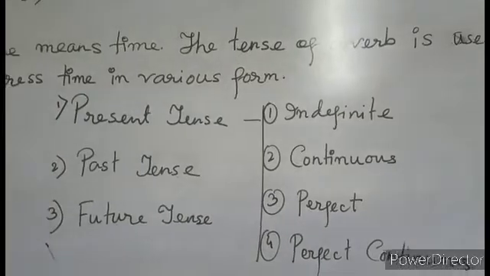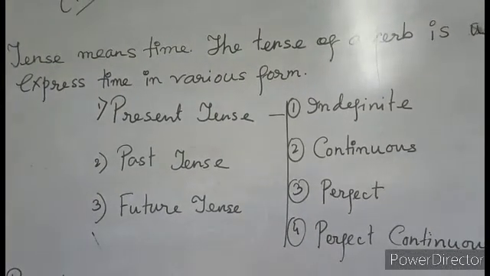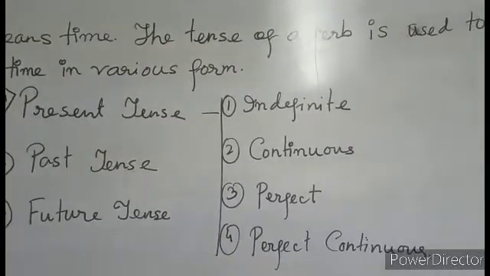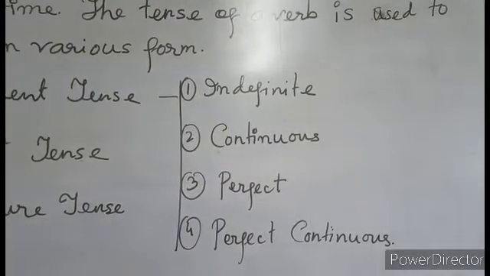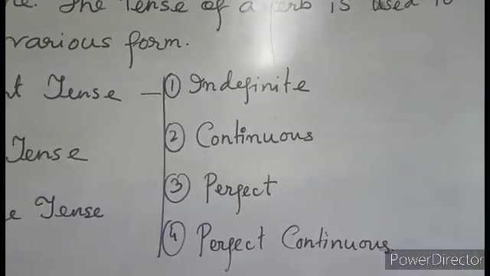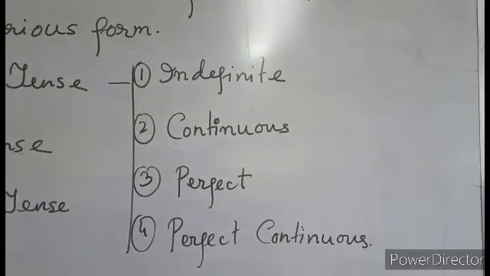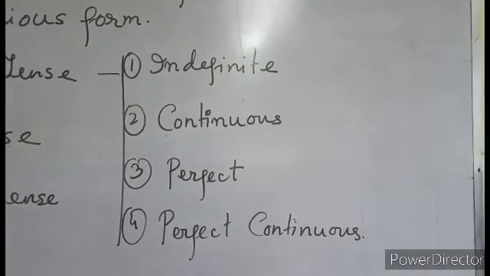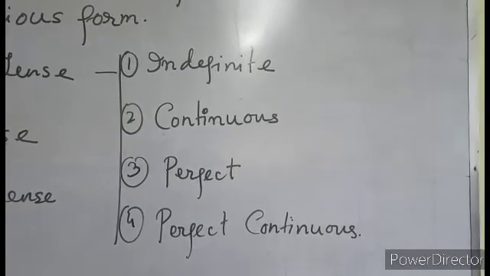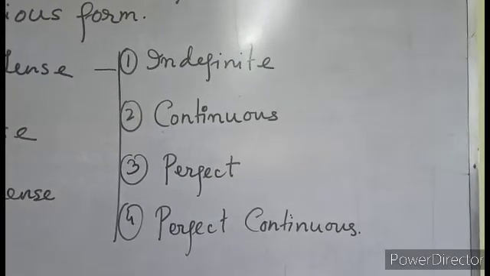Every tense, like present tense, past tense or future tense, is further classified into 4 groups with the same name. Present tense is further divided into 4: present indefinite tense, present continuous tense, present perfect tense and present perfect continuous tense.